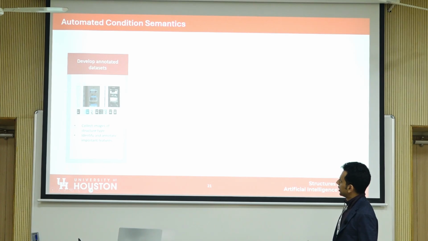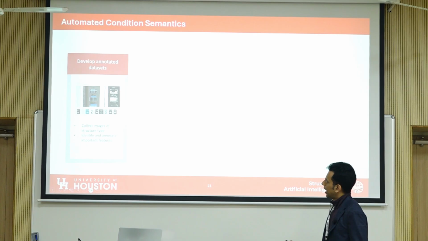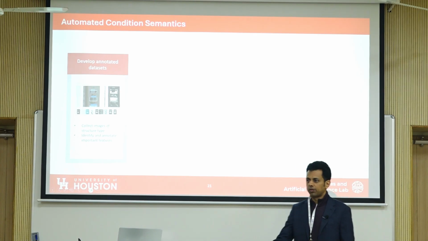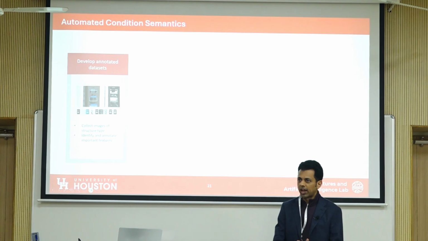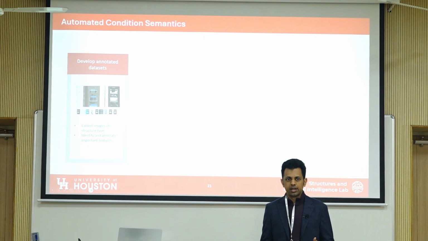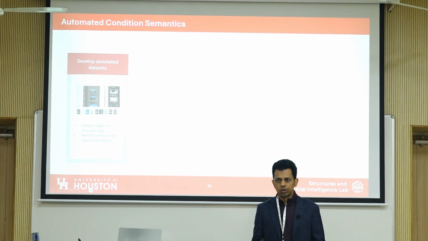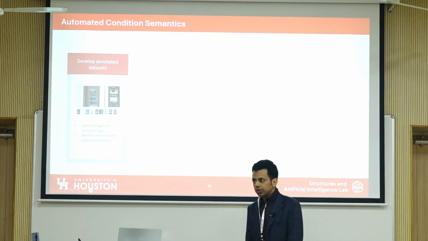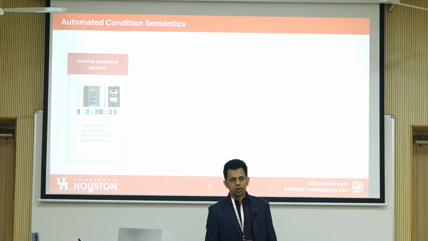So the way it would work is you develop annotated data sets. That's the first step. And that means you need to know what defects it is that you are looking for. Because if you have to annotate something, then you need to have a list of things that you're looking for. And then you annotate those things in your images. Now, what kind of annotation do you need to do? That depends on what kind of output you want.